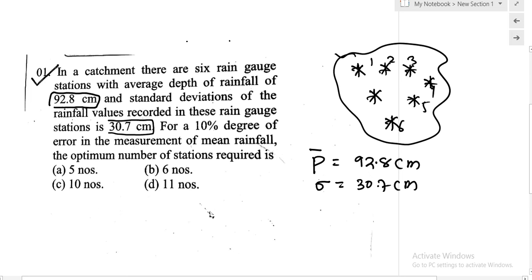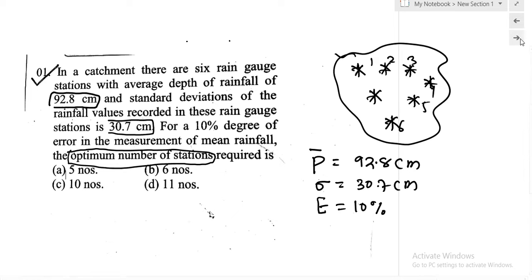The allowed degree of error in the measurement is given as 10%. Now it is asking what is the optimum number of stations required in that particular catchment.